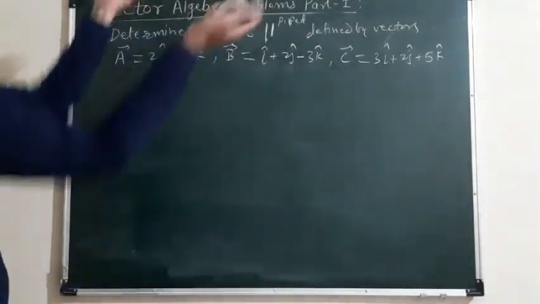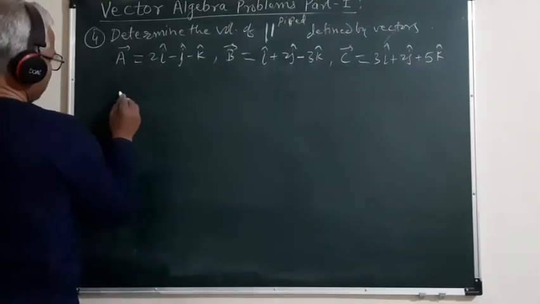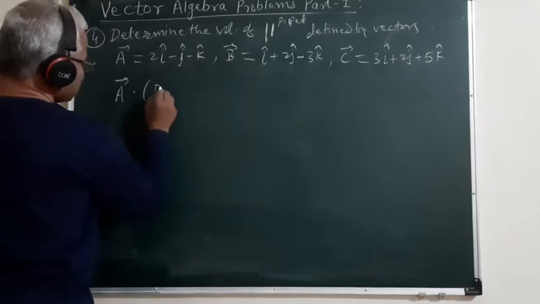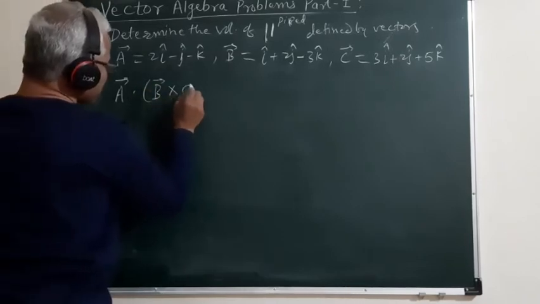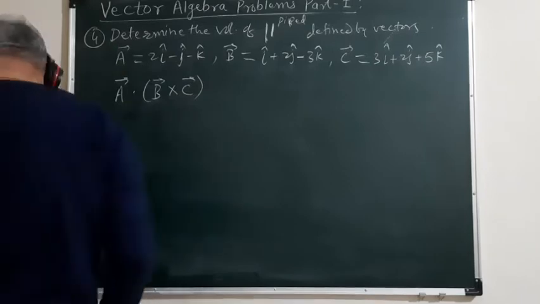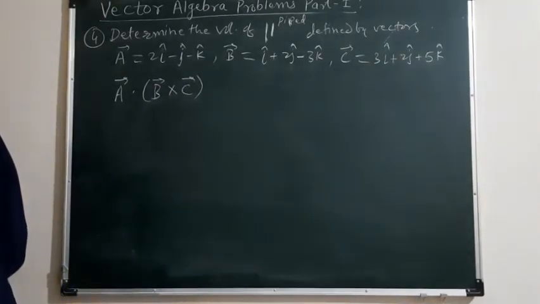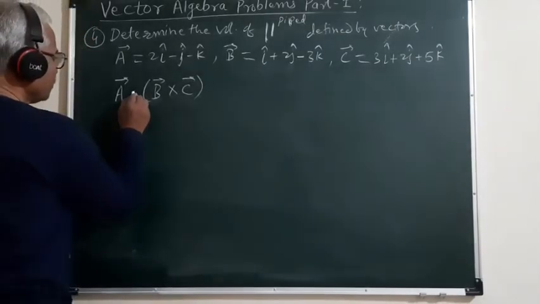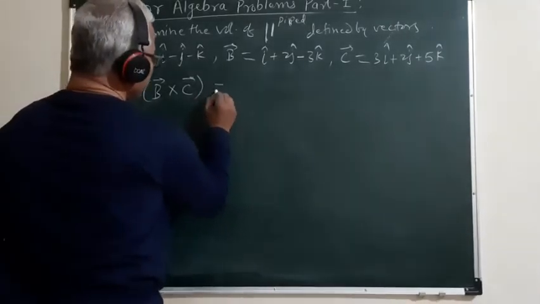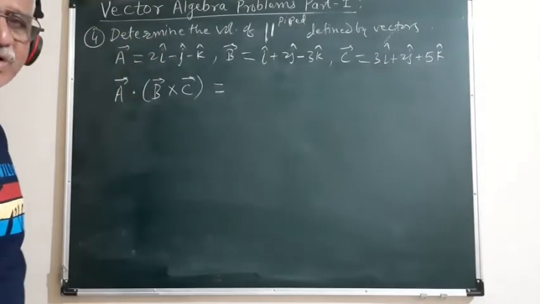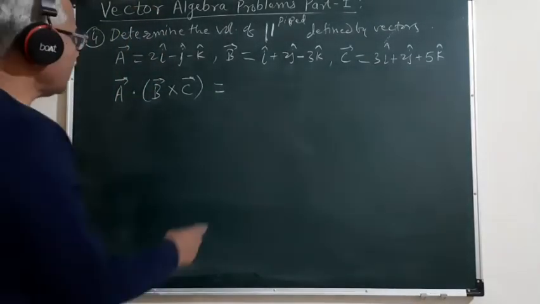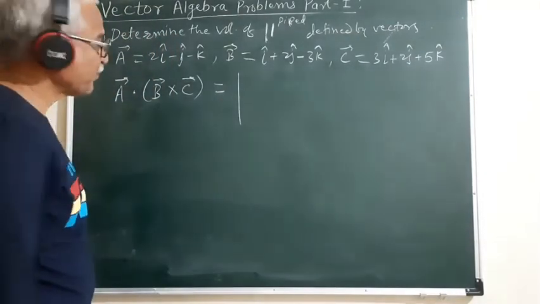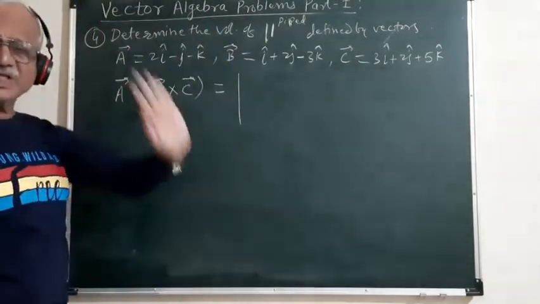So the scalar triple product of the three given vectors A bar, B bar and C bar is expressed as A bar dot B bar cross C bar. This scalar triple product can as well be expressed in the form of a determinant of the components of the three given vectors.